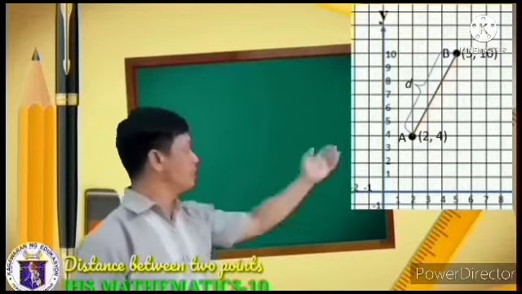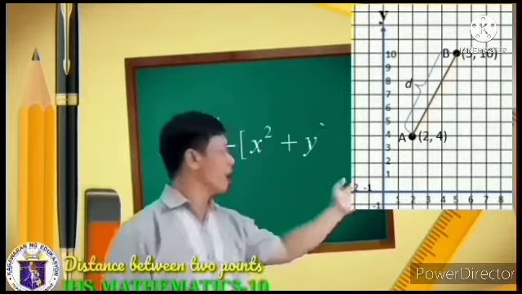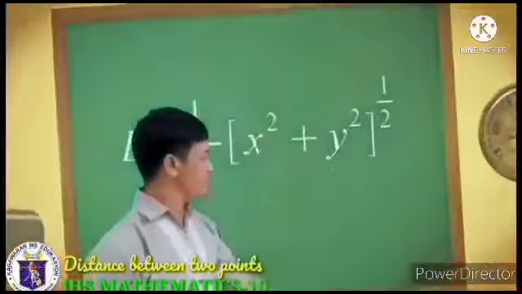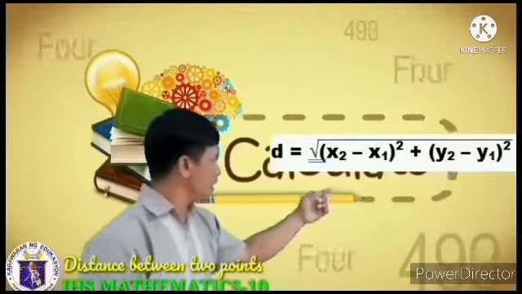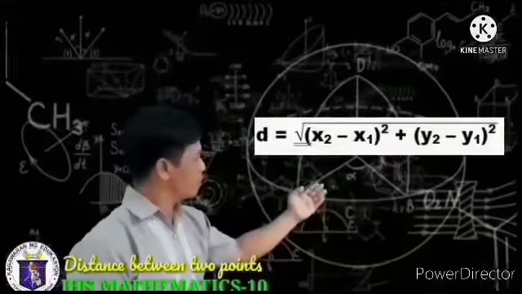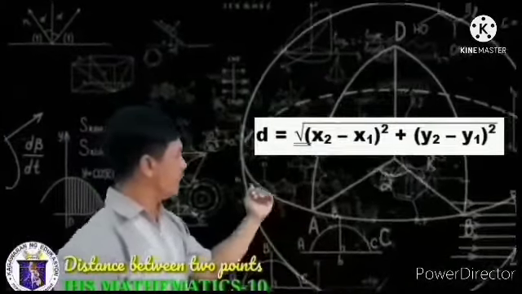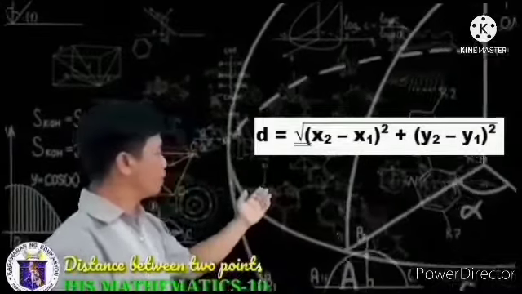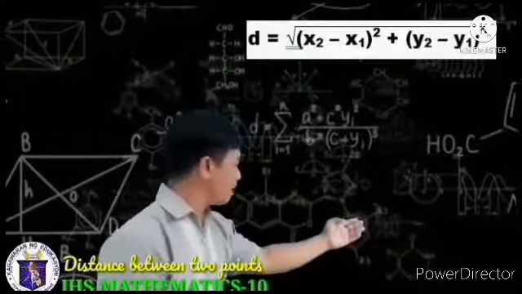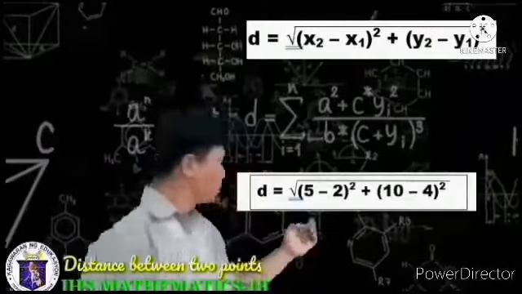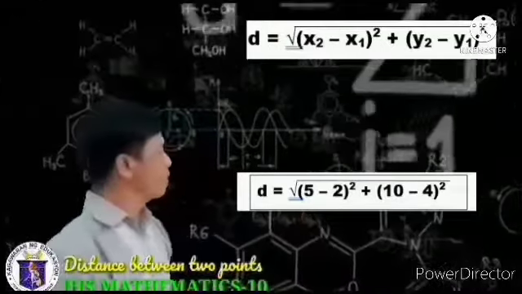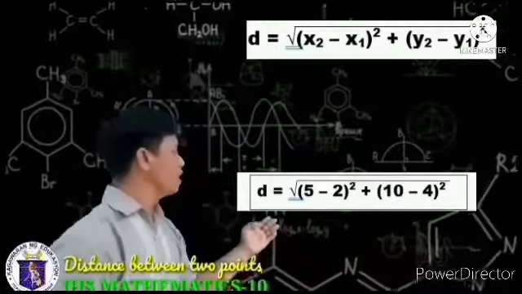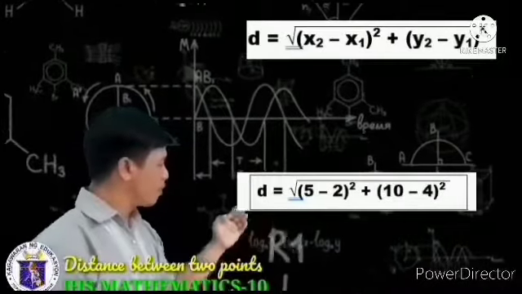And then we substitute these values to the formula. Our formula is D equals the square root of the quantity x sub 2 minus x sub 1 square plus the quantity y sub 2 minus y sub 1 square. So we have D equals the square root of quantity 5 minus 2 square plus the quantity 10 minus 4 square.